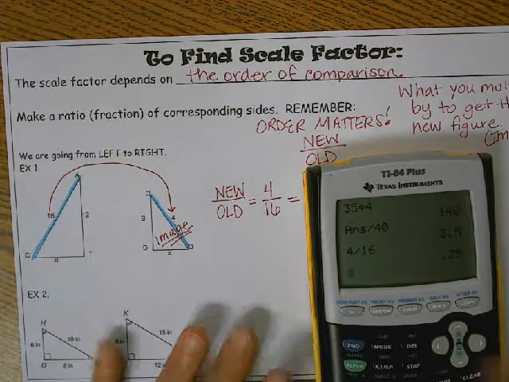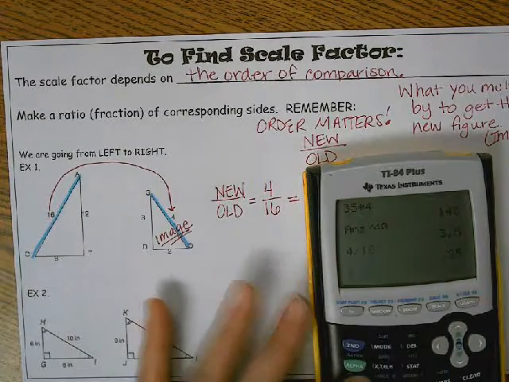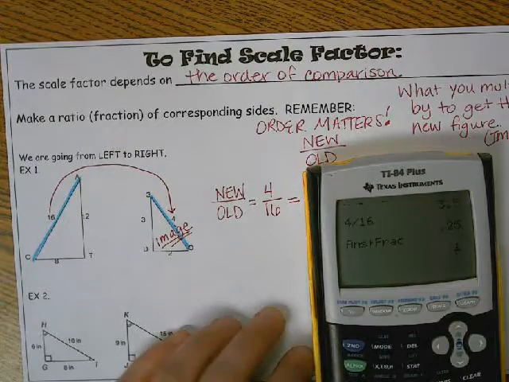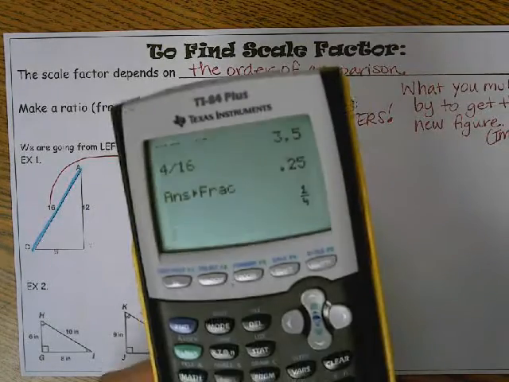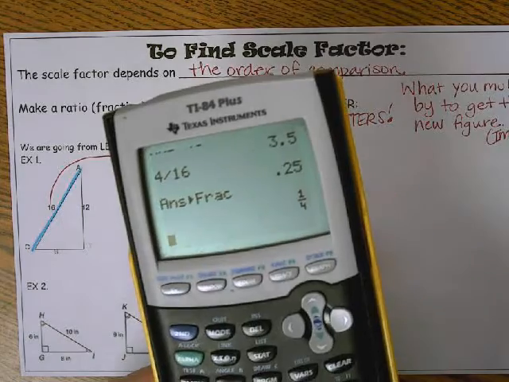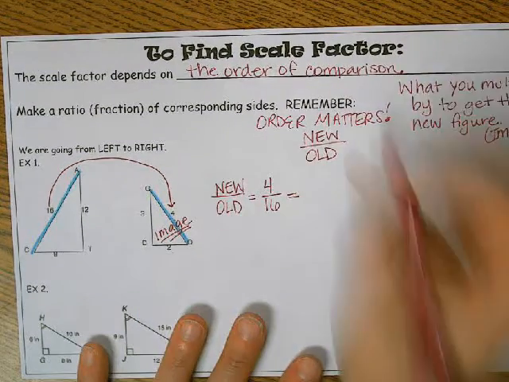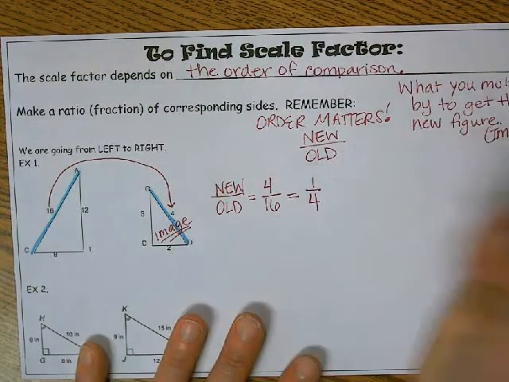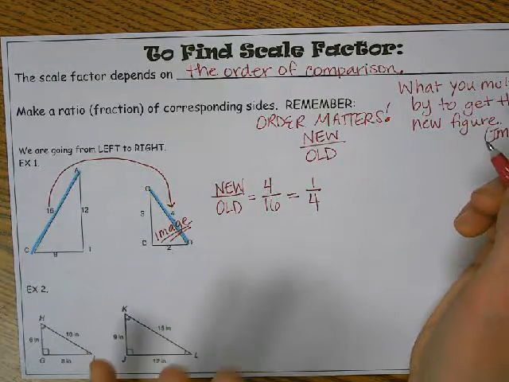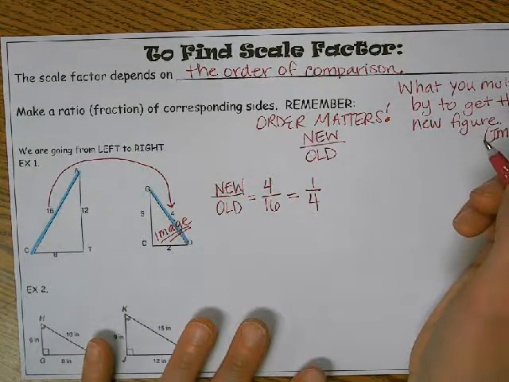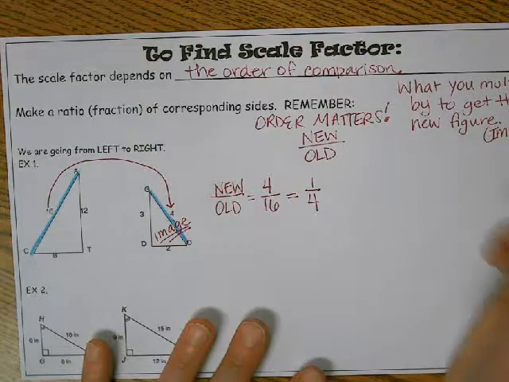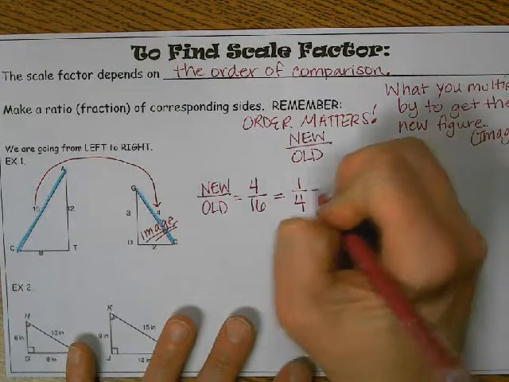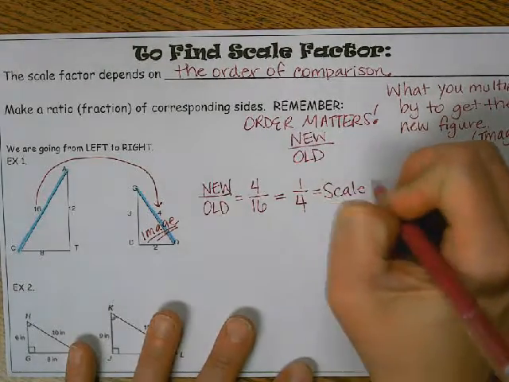That gets us a decimal, and we want a fraction, so we push math, enter, enter, and end up with the simplified form, which is 1/4. So 4 over 16 equals 1/4. So my scale factor is 1/4. And now we can test to see if this actually works.